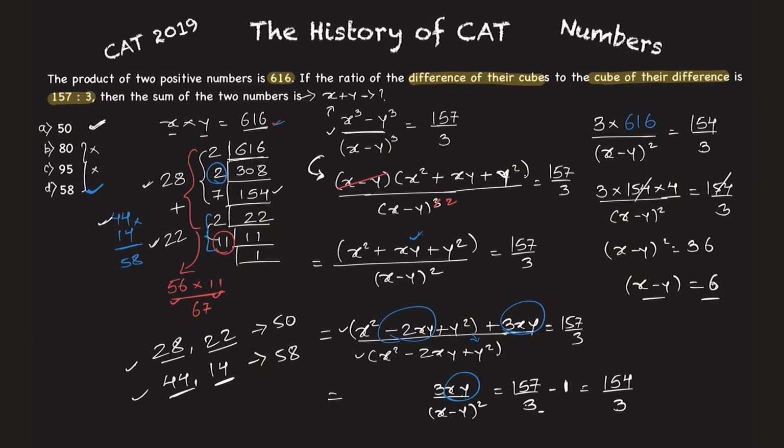But I know the difference is 6. So the difference being 6 means it has to be this, because 28 minus 22 is equal to 6. Again, 44 minus 14 is not 6. So that is not my answer. So the sum will not be 58, and the answer here is 50.